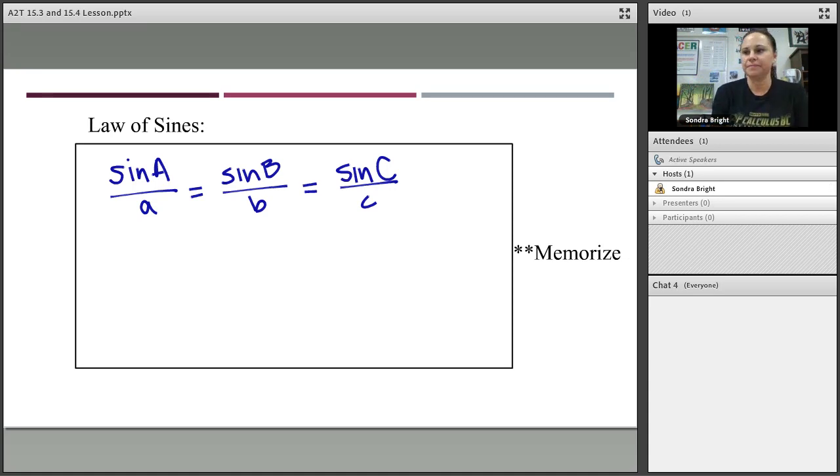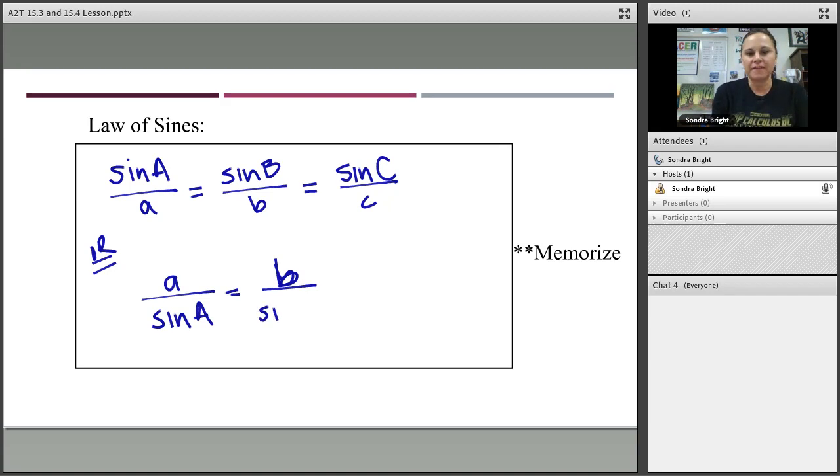they're all equivalent, right? Now, because these are proportions, you can also write them so that the sides are on top and the sine of the angles are on the bottom. And the reason why this is important is you save yourself some work if you put what's unknown on top.